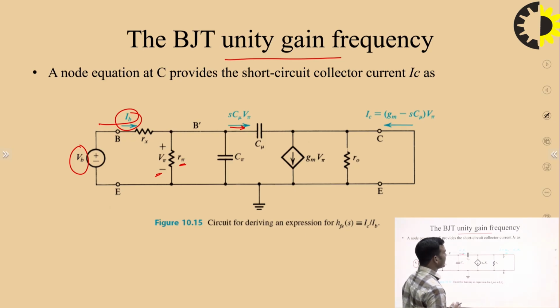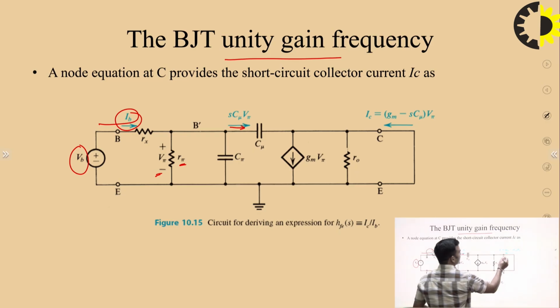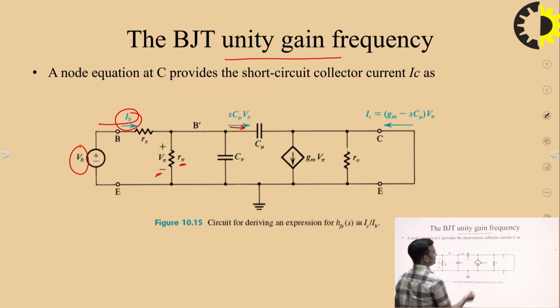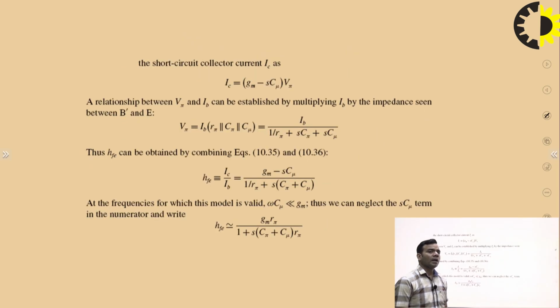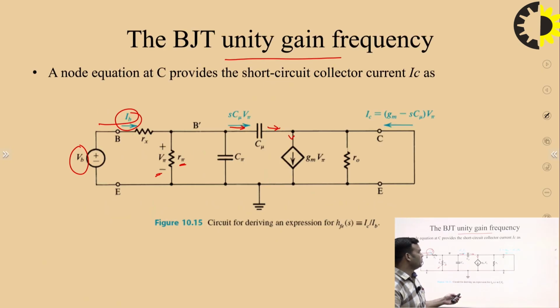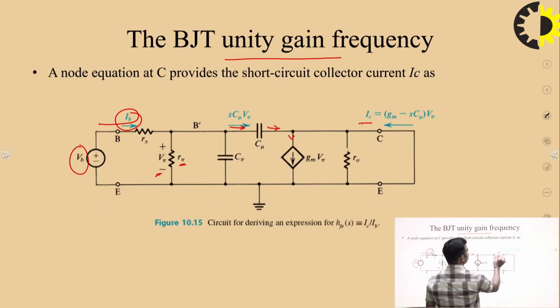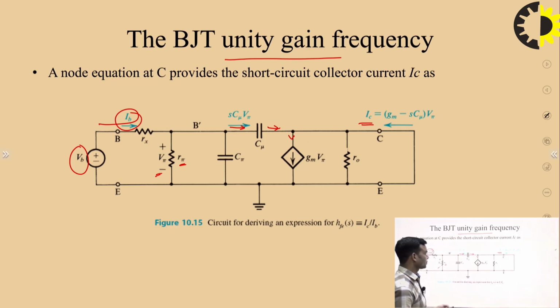We are considering that this current I naught is flowing here, which will be equal to the Gm V pi current flowing in this branch minus the current flowing here. So it will be equal to Gm minus S C mu into V pi. Now the short circuit collector current is IC, and IC will be equal to Gm minus S C mu times V pi.